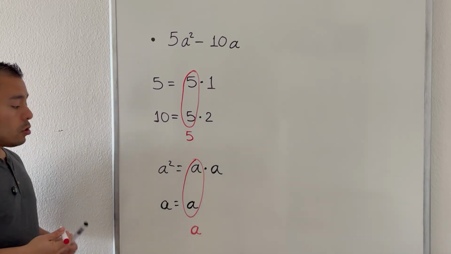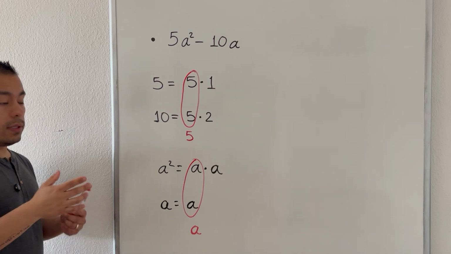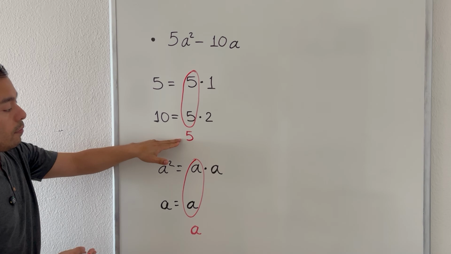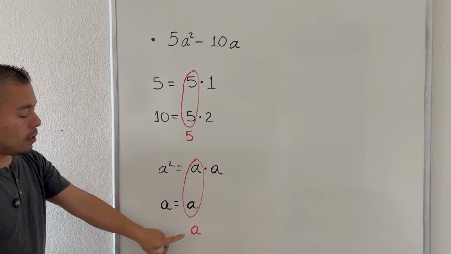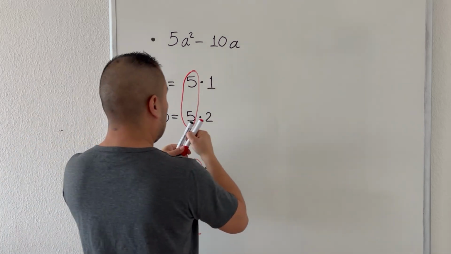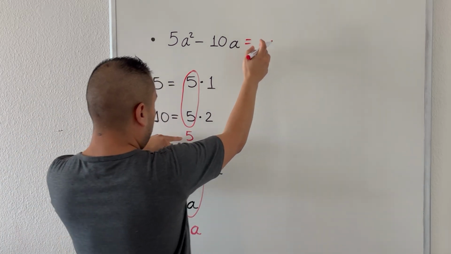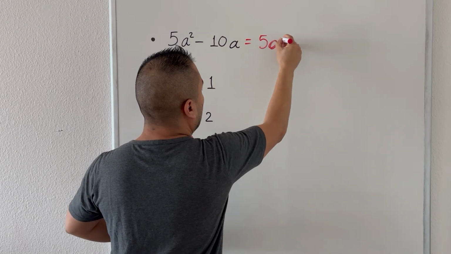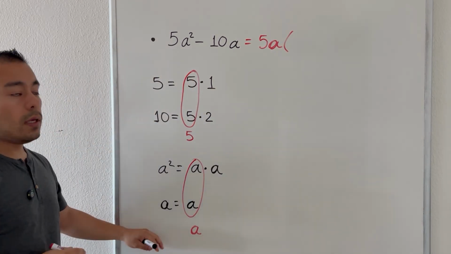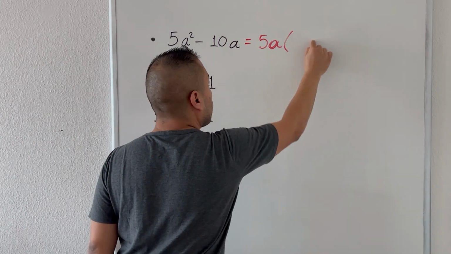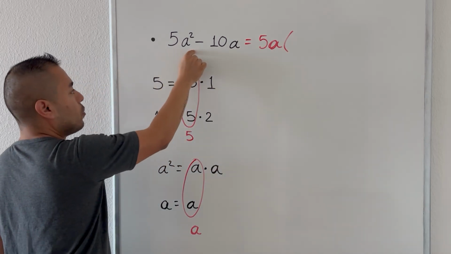Okay? So we have these two things in common with these two factors, that is the coefficient 5 and the variable a. Then the next step that you need to do here is to write 5 multiplied by a and open a parenthesis. And the next step is to find an expression over here that results in the first term.